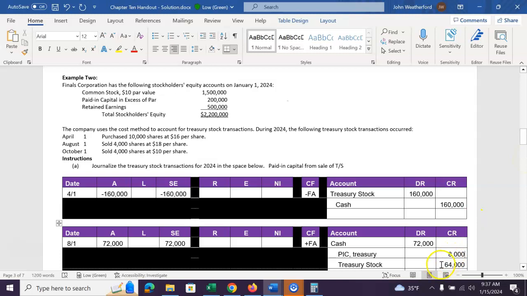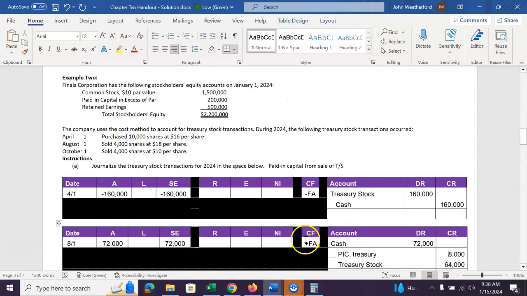We had a credit to treasury stock for $64,000, a debit to cash for $72,000. So it's just the difference in the two. Now, another way you can come to that number, we've got a $2 spread here, right? We sold it for 18 when it was purchased for 16. So you can say $2 per share is the spread there times the 4,000 shares sold, and that will get you to the 8,000 as well.